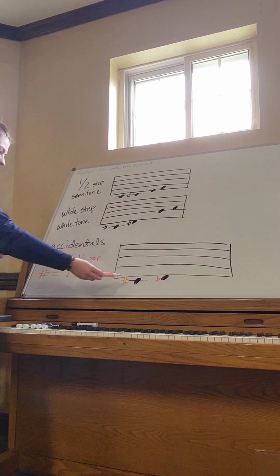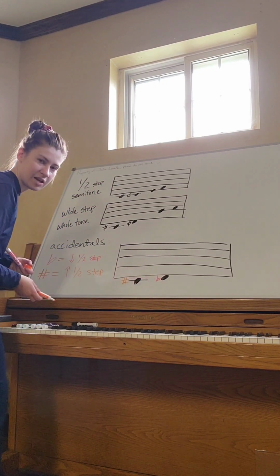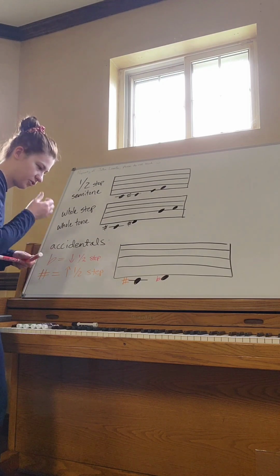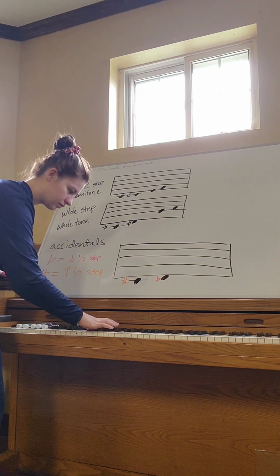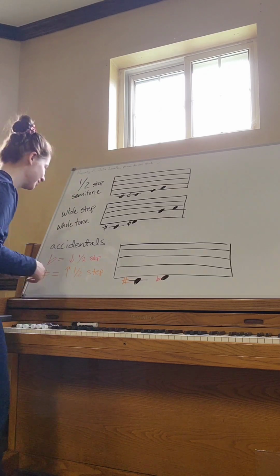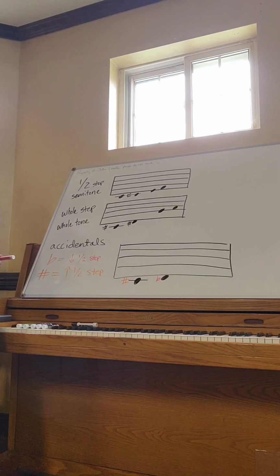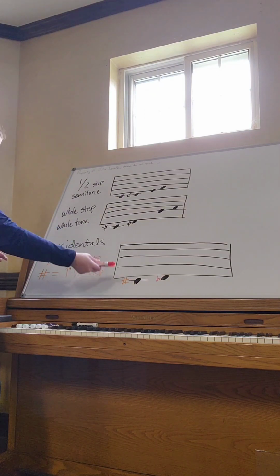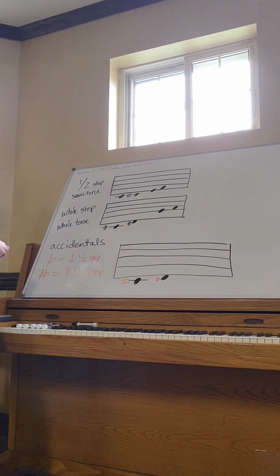See here? This is the exact same pitch frequency. C sharp, D flat. And this is called enharmonic spelling, when it can be either, for example, C sharp or D flat. And again, it just depends on harmonic context.